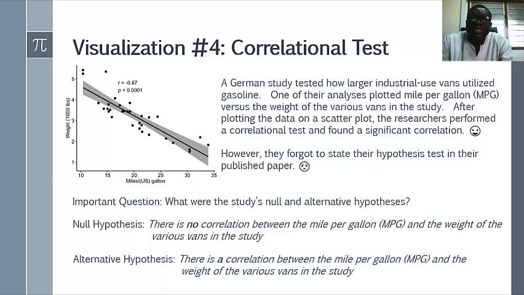After plotting the data on a scatter plot, the researchers performed a correlation test and found a significant correlation. However, they forgot to state their hypothesis test in their published paper. Important question. What were the study's null and alternative hypotheses?